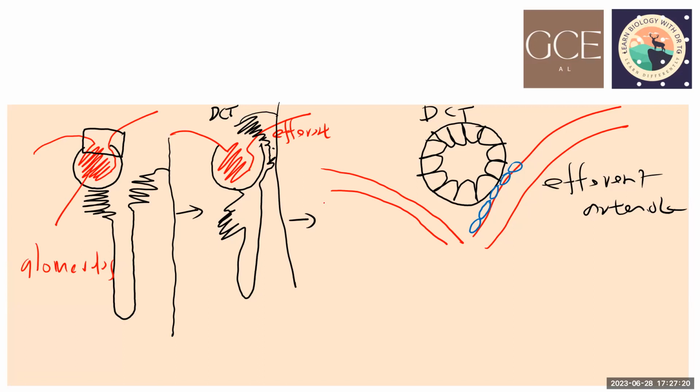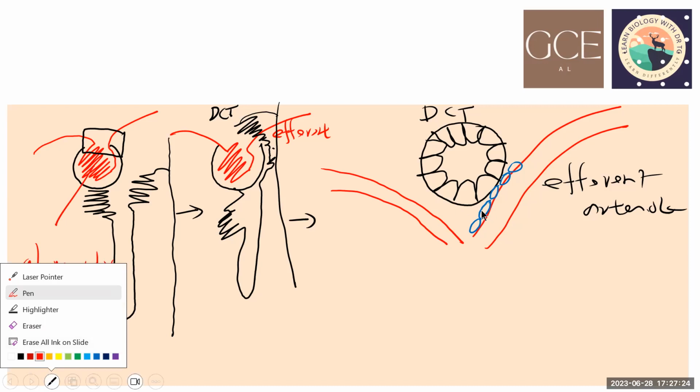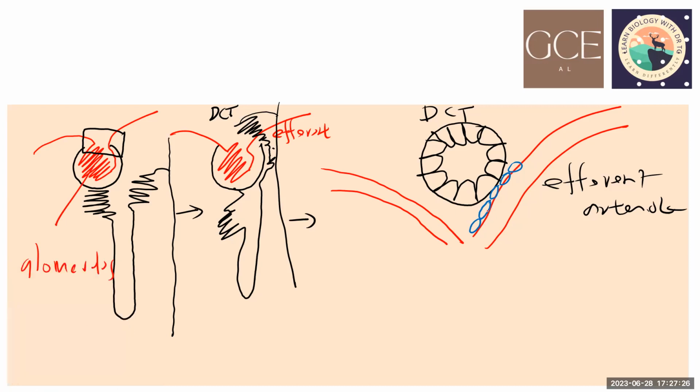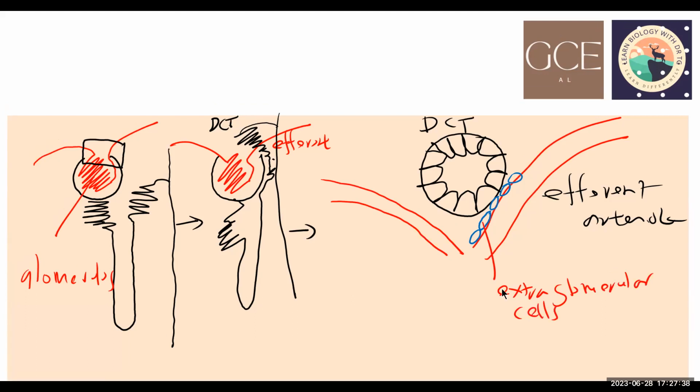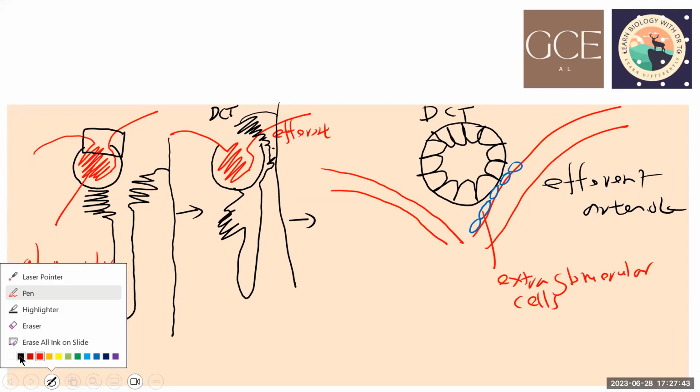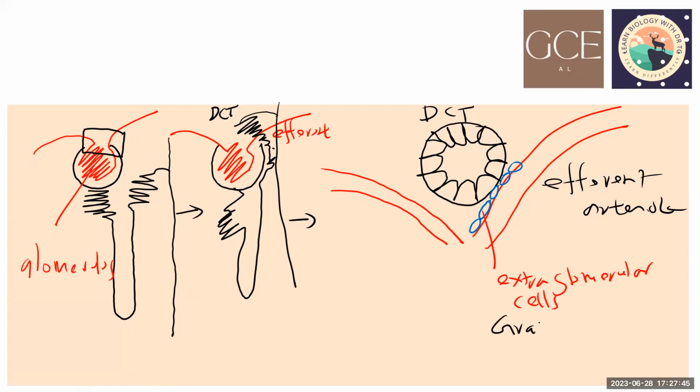So these cells are called extraglomerular cells because they are outside of the glomerulus. And these cells are called granular cells. So granular cells are a collection of this kind of cells.